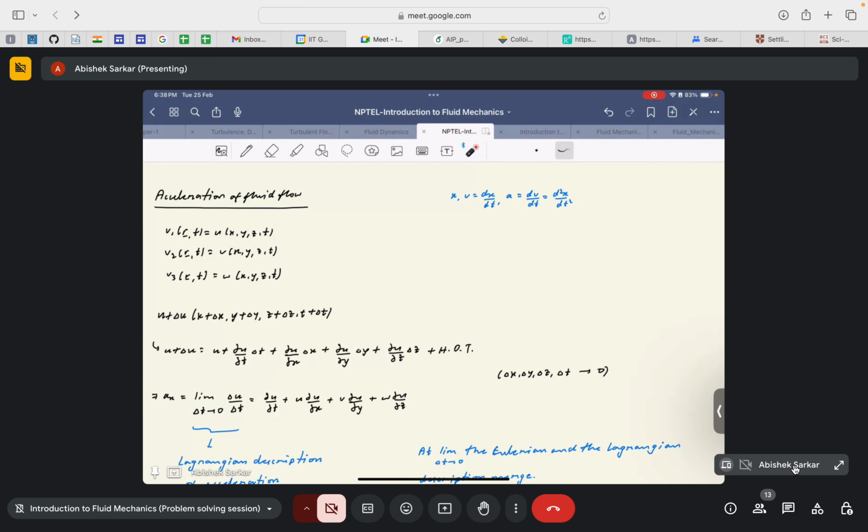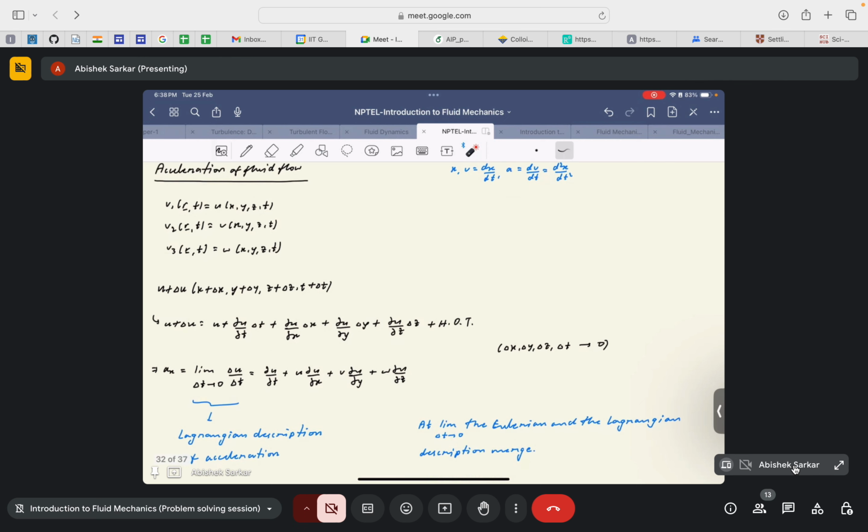Then say at a defined point where the fluid flow is undergoing acceleration, the velocity will increase from u to u plus delta u, and now the final position of these particles is at x plus delta x, y plus delta y, and z plus delta z, and we are measuring it at some time t plus delta t. Okay, so using Taylor series expansion, we can write u plus delta u as u plus dou u by dou t into delta t, plus dou u by dou x into delta x, plus dou u by dou y into delta y, plus dou u by dou z into delta z.